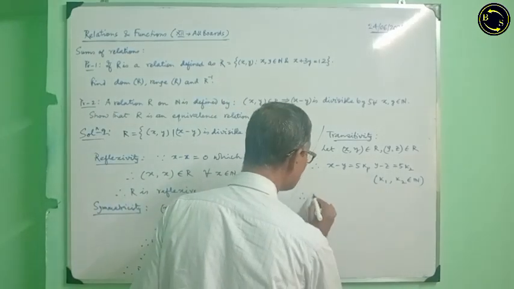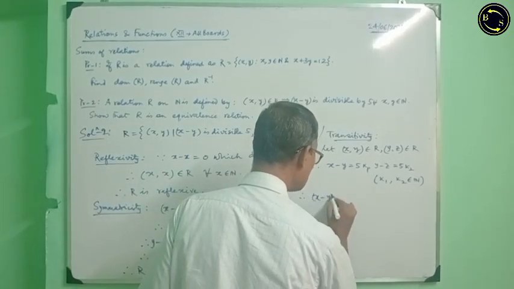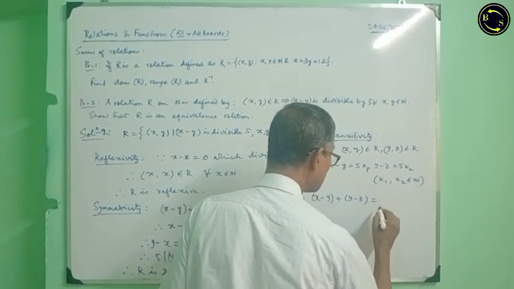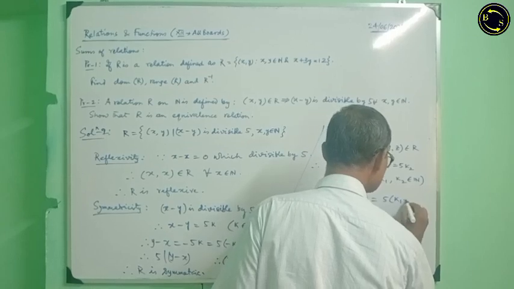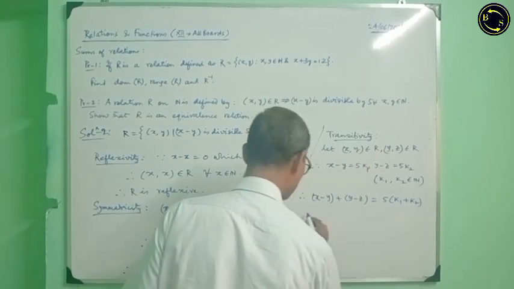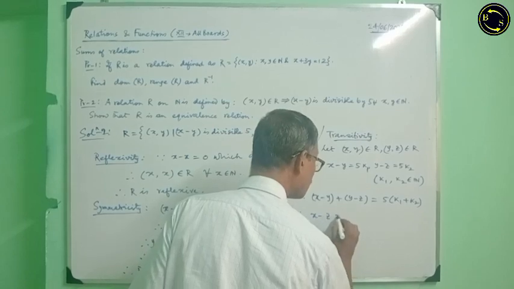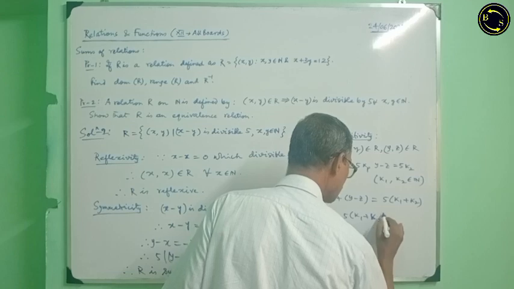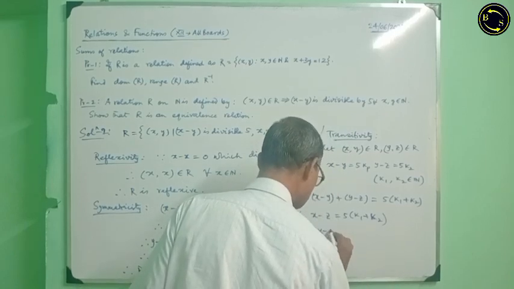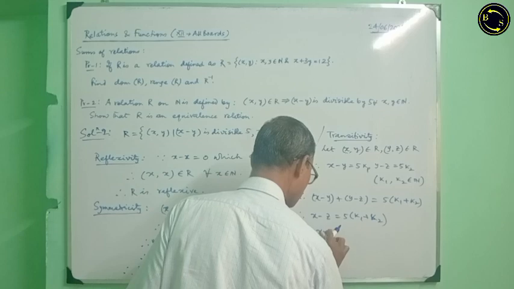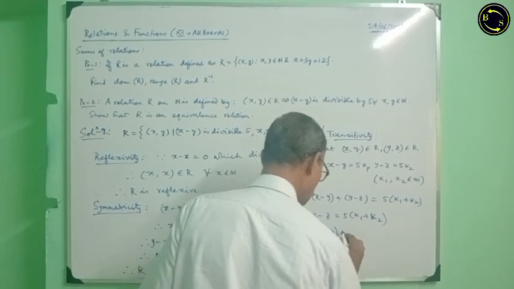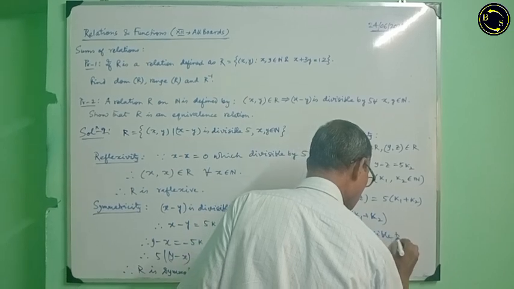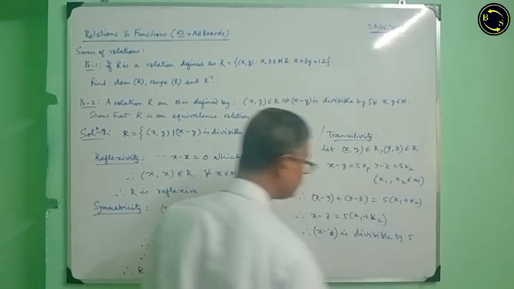Therefore, if we add these two, x minus z is divisible by 5.